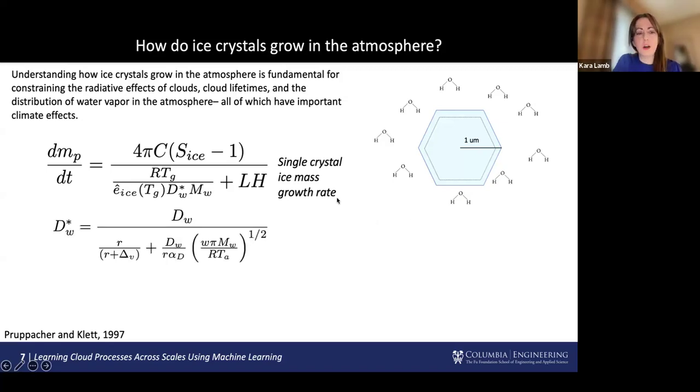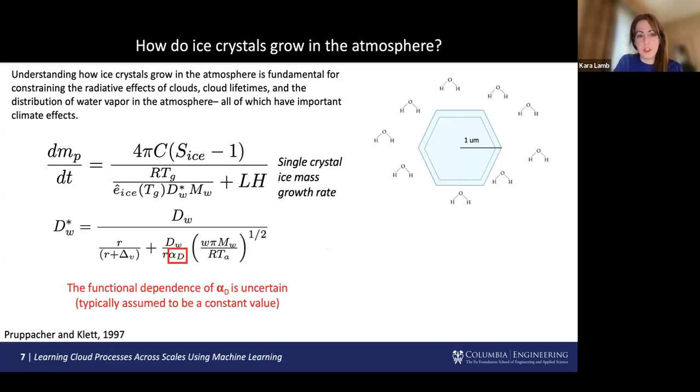And so we have a fairly good understanding of this model, although there's been a lot of disagreement, particularly about this parameter, which is known as the deposition coefficient. And it basically tells us how efficiently water molecules will attach to the surface of this growing ice crystal. And this parameter has typically been assumed to be a constant value or simply ignored, although there's some recent work that has demonstrated that it's likely a saturation and temperature dependent function.